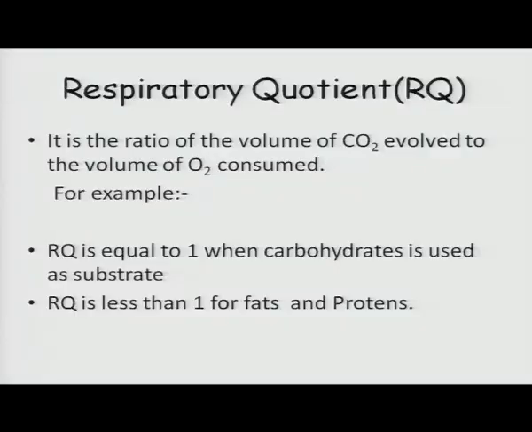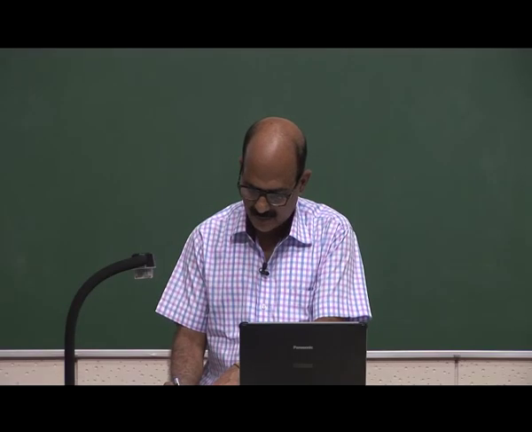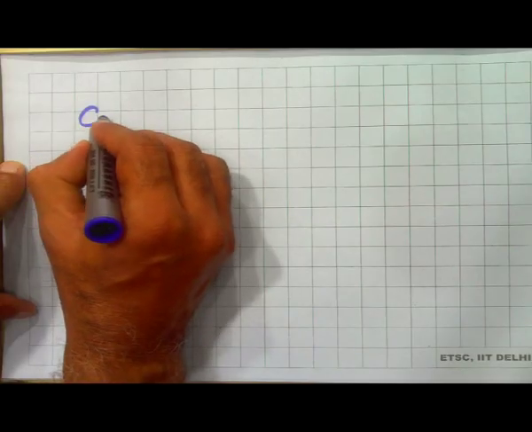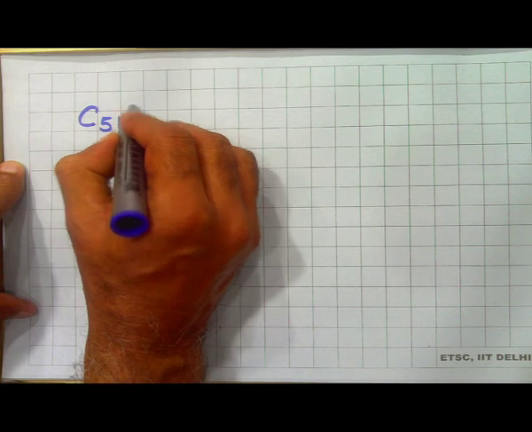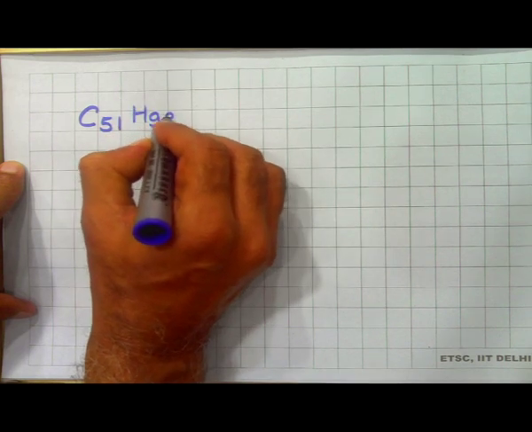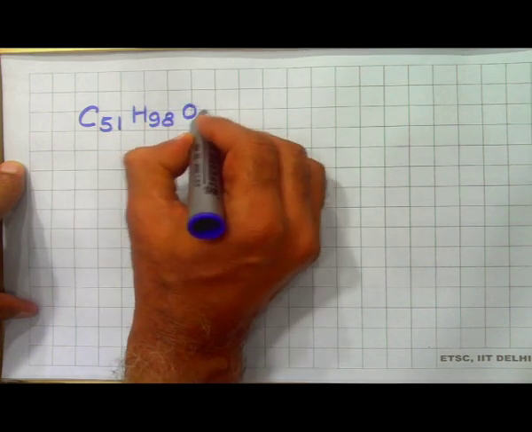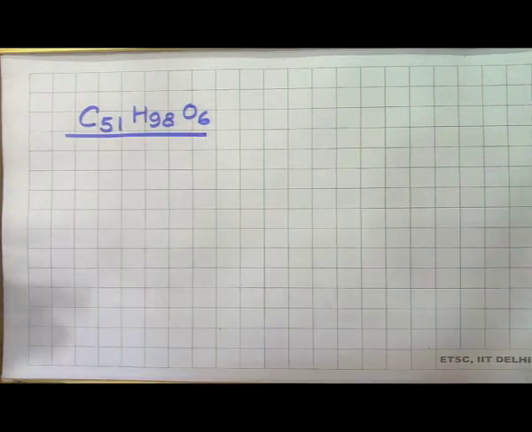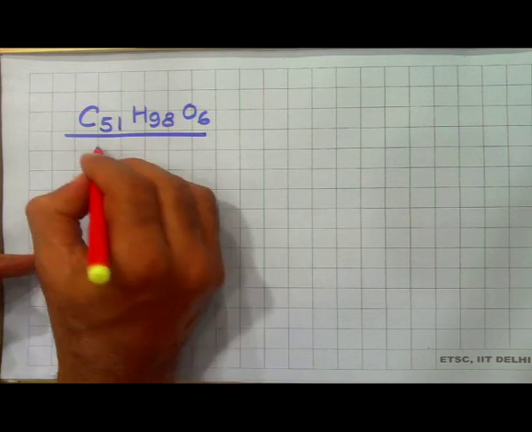Let us take another example of an organic compound reaction. C51H98O6. This compound is called tripalmitin.